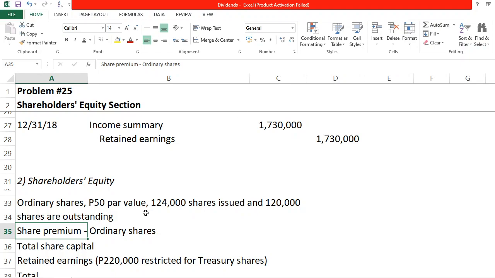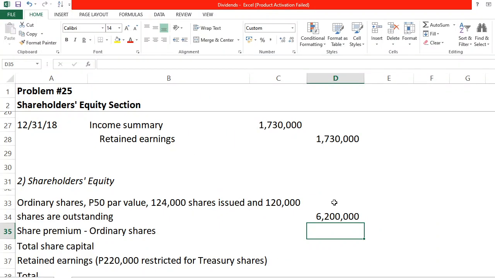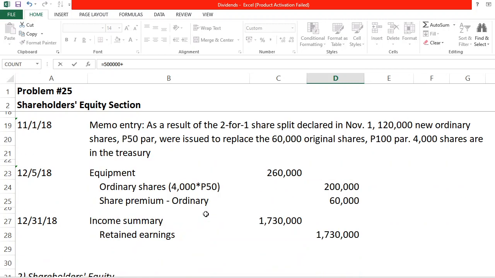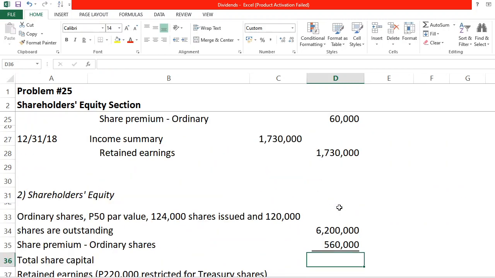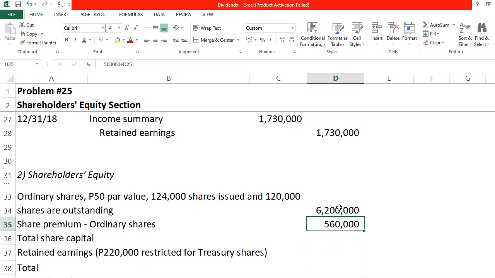Next, let's have our share premium ordinary. Share premium ordinary, ay, wala pa nato ninabot nga amount. That's 124 times 50. So that's 6.2, and then our share premium, we have 500 at the beginning of the year. Then let's see kung nadungagan. Wag yan, share premium treasury yan. Let's focus on ordinary. So we have here 60,000. Therefore, we have 560,000. And then, okay, wag natin i-equal.